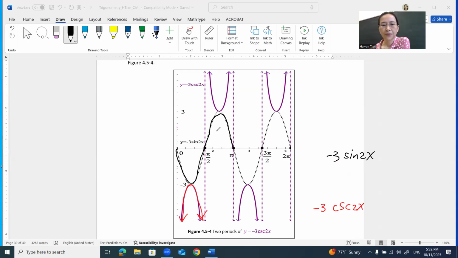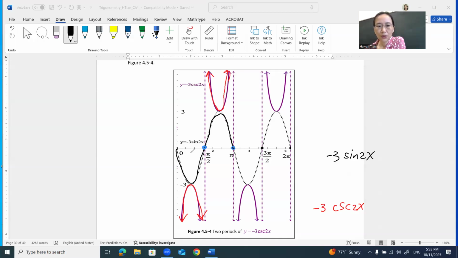So we have this, and when the sine is positive, the reciprocal of the sine curve will have this behavior. So this is for the whole 1 period. But whenever the sine function has a 0 value, the cosecant function has a vertical asymptote.